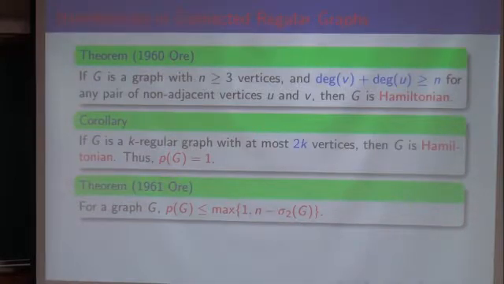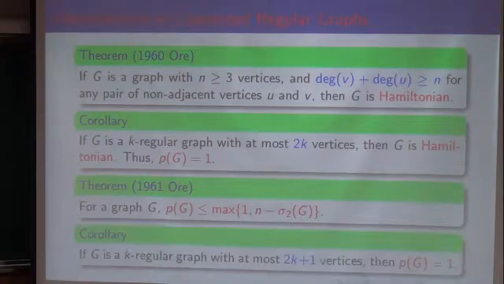Oh, I forgot that one. We can apply this not only to a regular graph, but also to a general graph, right? So we can consider a connected k-regular graph. So this is 2k, and this is also possible, 2k plus 1, still 1, right? So we improved it from 2k to 2k plus 1. But this is best possible.